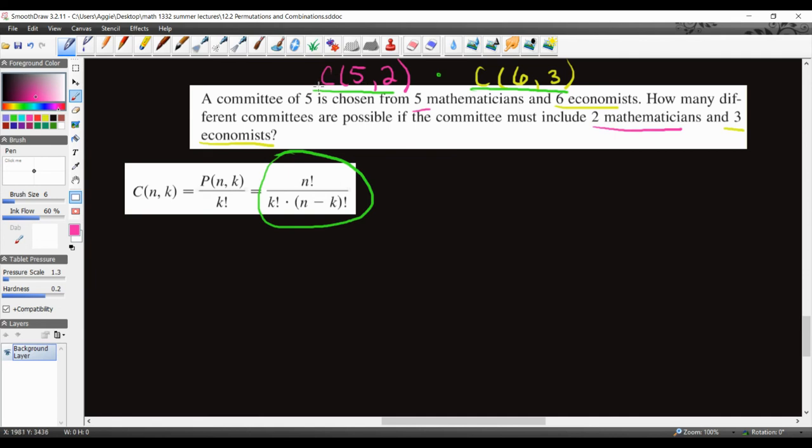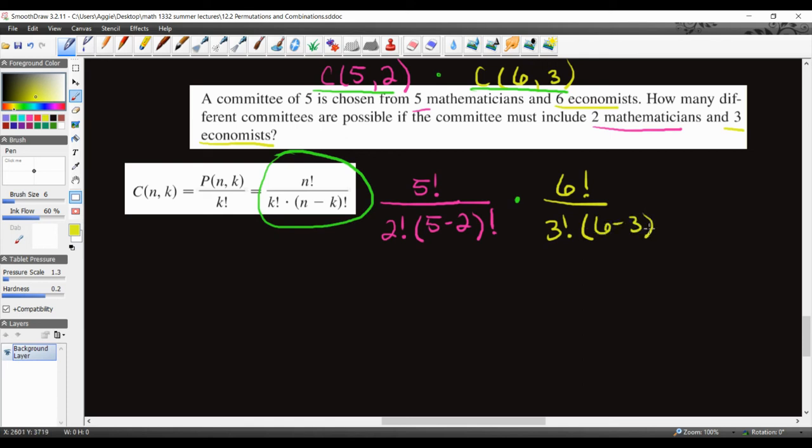We have for this one, the 5 choose 2 would be 5 factorial over 2 factorial times 5 minus 2 factorial, okay, times, well, this one now. So now we have 6 factorial, the total number of economists, over 3 factorial, because that's our k, and then 6 minus 3 factorial.